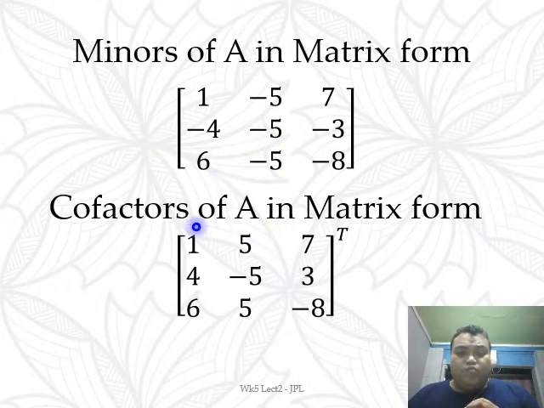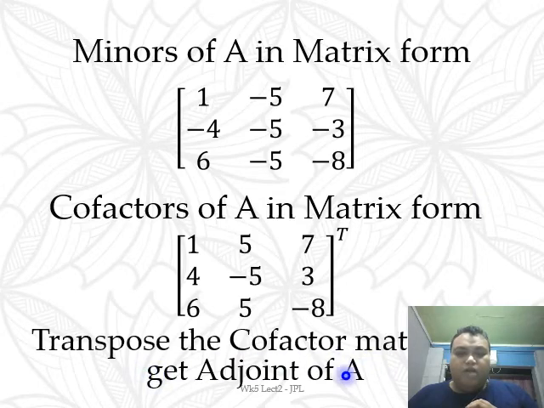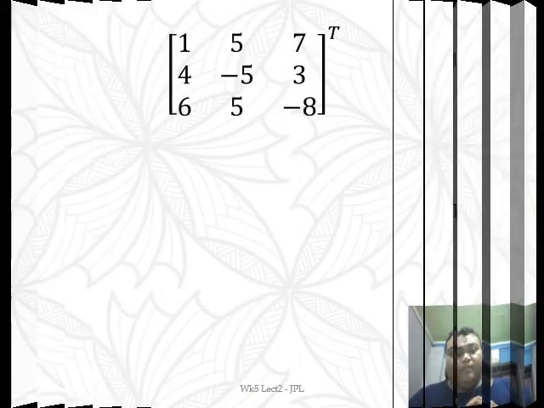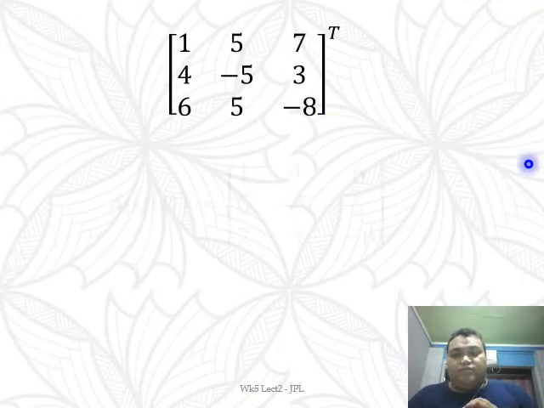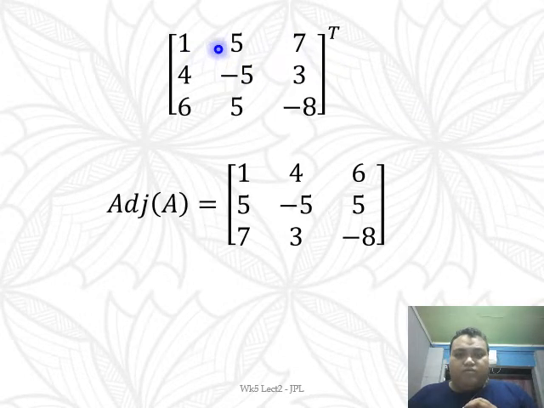That pattern will give you the cofactors. You apply the pattern to the minors and it will give you the cofactors. And then from the cofactors, we transpose the cofactors. The transpose of this is called the adjoint of A.